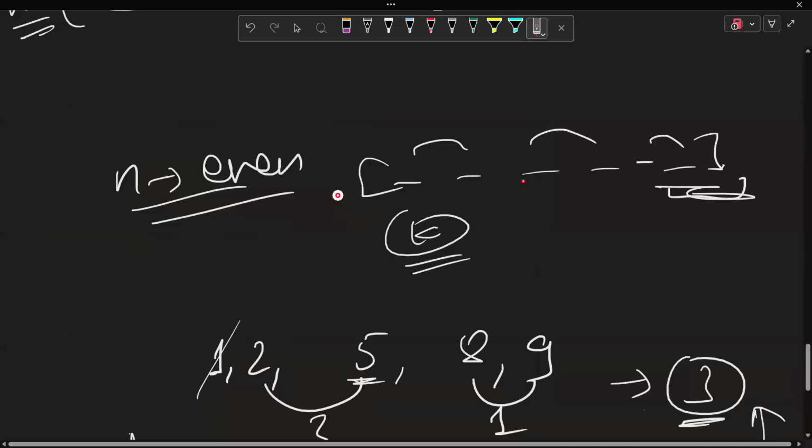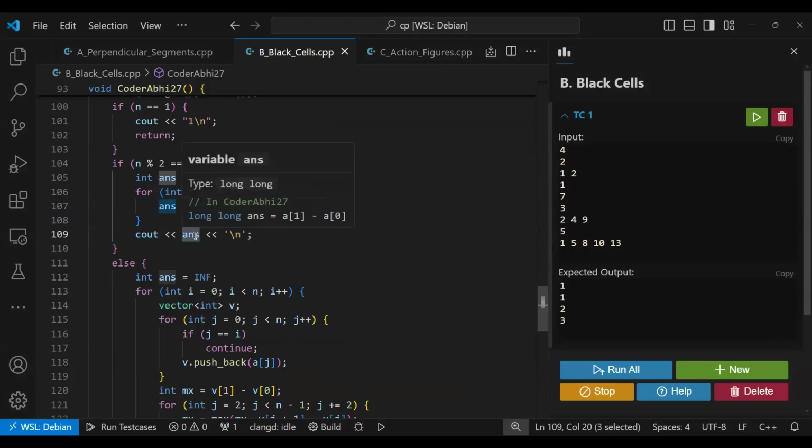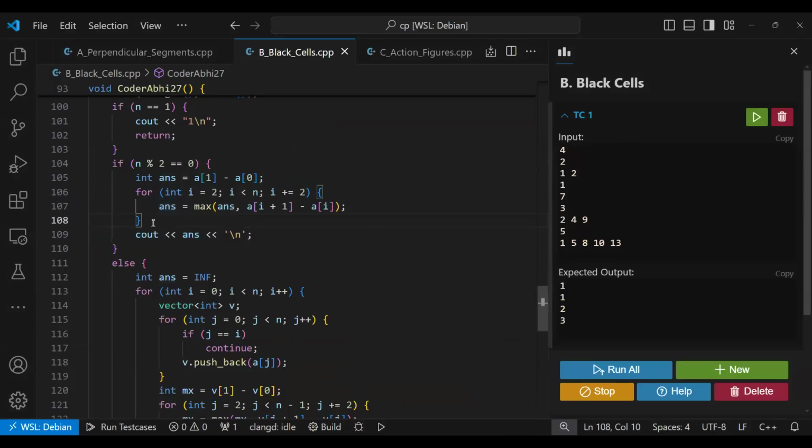I'll go to i equal to 2, take this difference. I'll go to i equal to 4, take this difference. Likewise, I'll maximize that with my answer, and that would be my final answer for the even case. That's the only thing you can do: pair up all the adjacent elements and take the maximum. You cannot exclude any element in the even case.